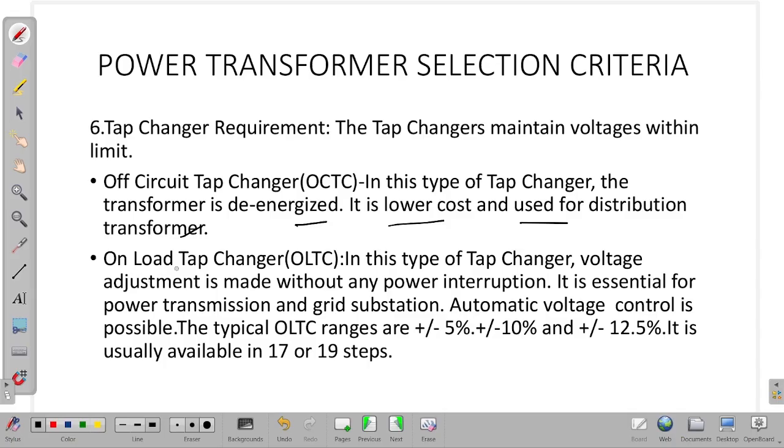In case of on-load tap changers, OLTC, the voltage adjustment is made without any power interruption and is essential for power transmission and grid substations. Automatic voltage control is possible. The typical OLTC ranges from plus or minus 5%, plus or minus 10%, and plus or minus 12.5%. It is usually available in 17 or 19 steps.